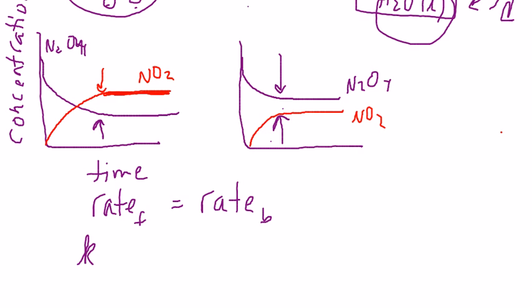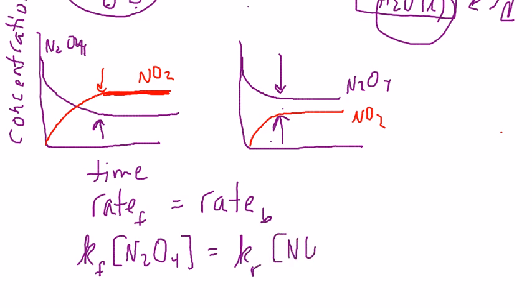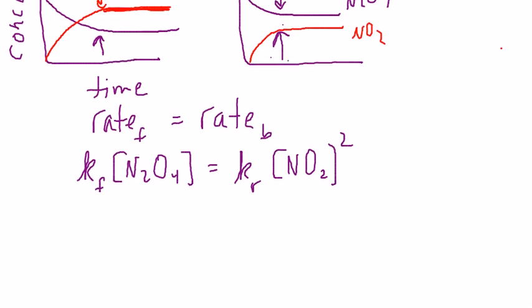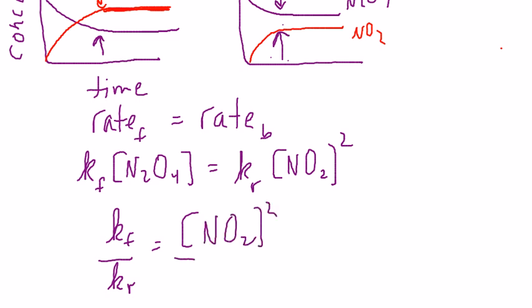Using what we now know about kinetics, the rate is going to be equal to the rate constant going forward times N2O4, and the rate law does show that NO2 is squared. K forward over K reverse equals NO2 squared over N2O4.